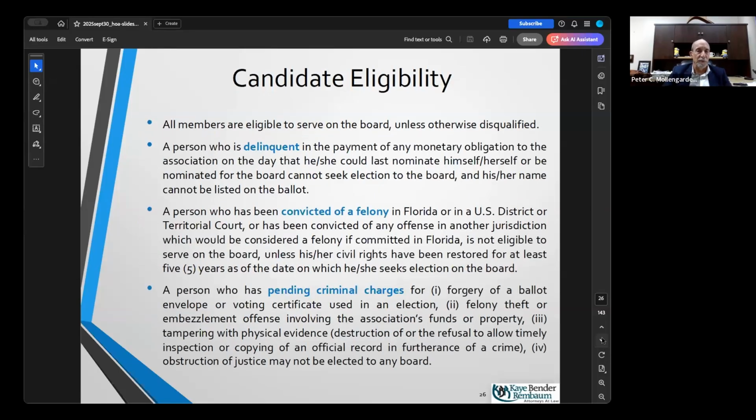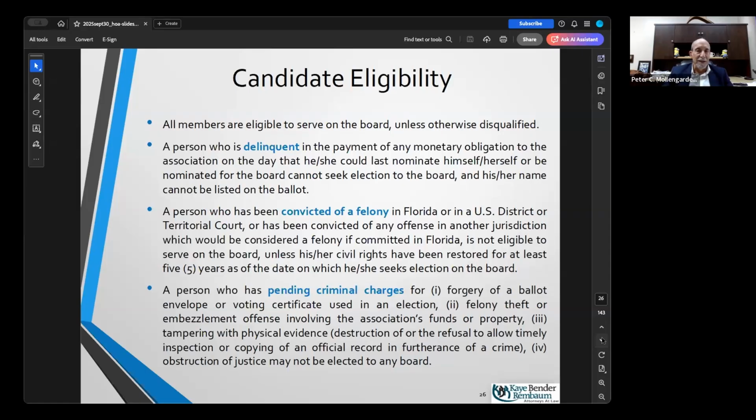Who's eligible to serve on the board? All of the members of the association are eligible unless otherwise disqualified, and we'll talk about that now. What could render an owner disqualified to run? A person who is delinquent in the payment of any monetary obligation to the association, so that could be anything, an assessment, a fine, whatever, on the day that he or she could last nominate himself or herself or be nominated for the board, cannot seek election.